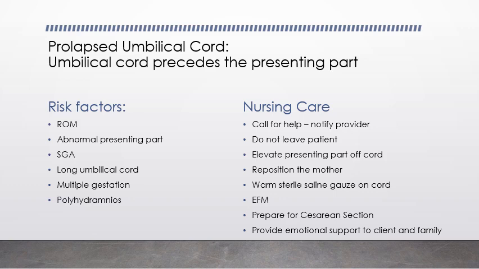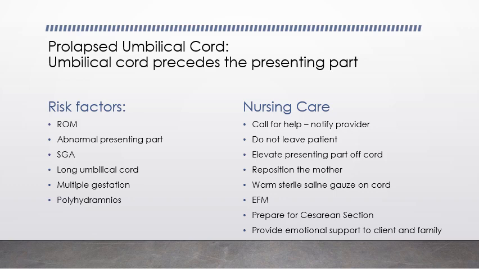So the most important thing, remember your ABCs. The mom's probably going to be okay, but we have to remember the baby's ABCs. Well, right now the baby doesn't have an airway and they're not breathing, but we need to restore circulation and we need to get this baby out fast. So you need to call for help from the room. Don't leave the patient.